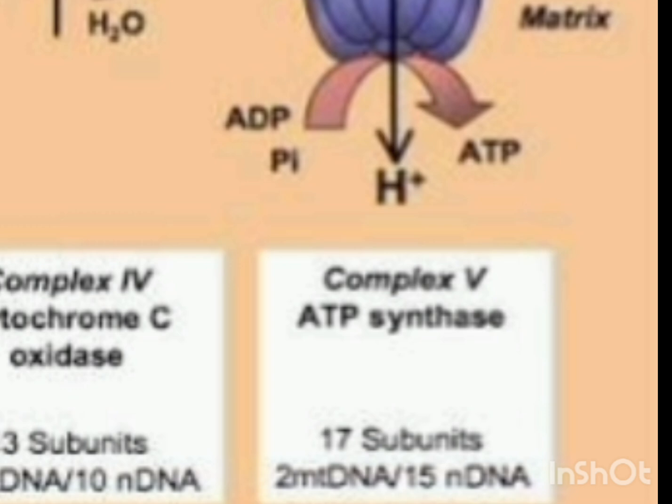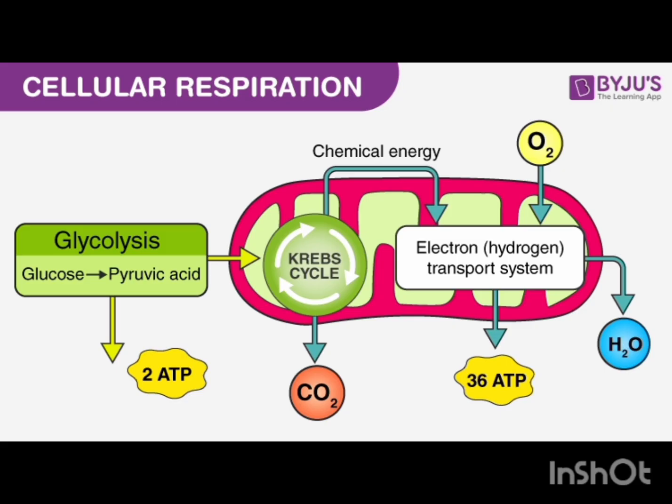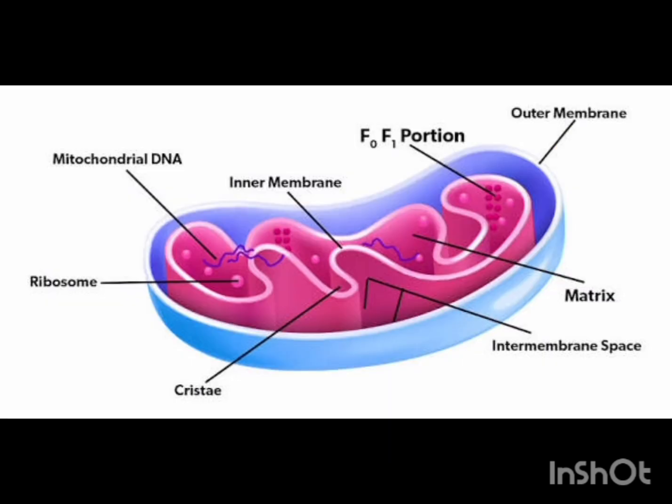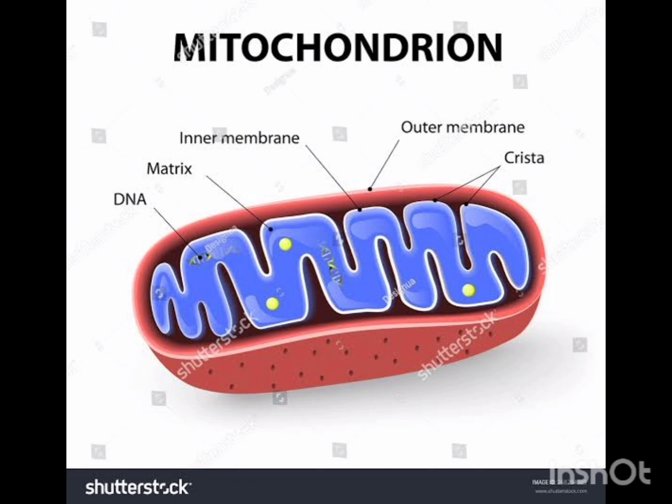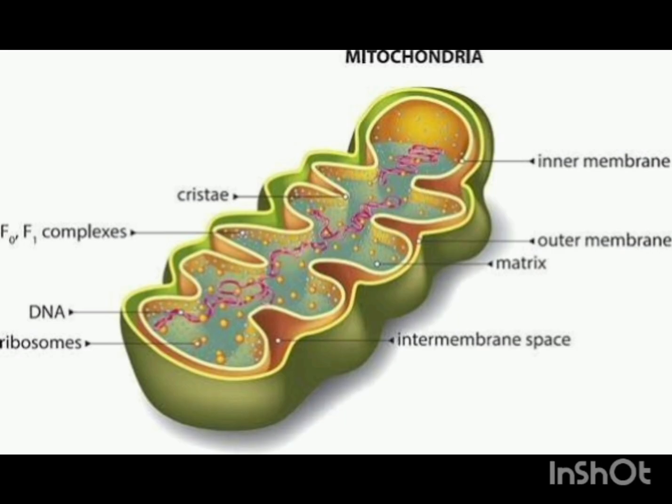The key point that one should remember is that the electron transport chain produces the majority of the cellular ATP. Approximately 30 to 32 ATP molecules are generated from one molecule of glucose, and most of this ATP comes from oxidative phosphorylation within mitochondria.